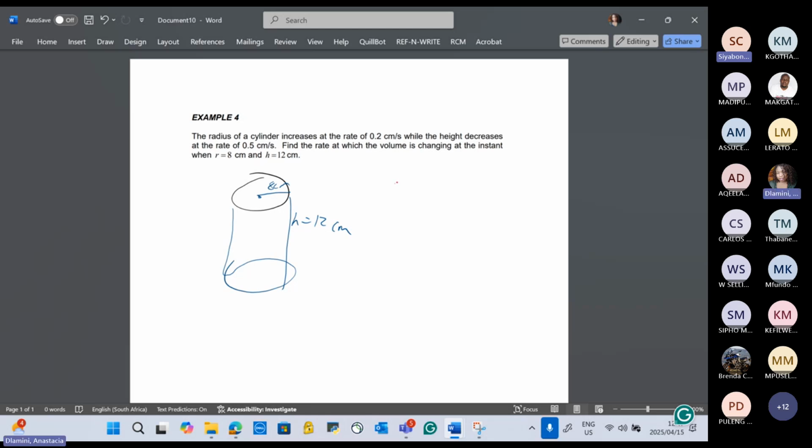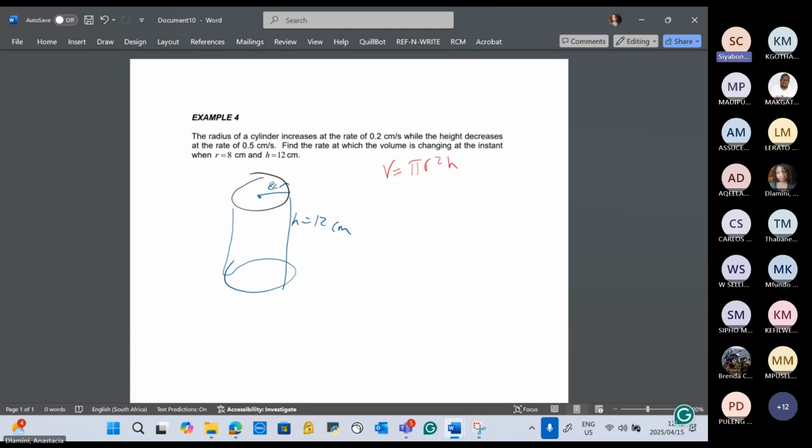Then they're asking us to find the rate at which the volume is changing at an instant when R is equal to 8 centimeters and H is equal to 12 centimeters. So the first thing we do is write the equation for the volume of a cylinder, which is V equals pi R squared times H.